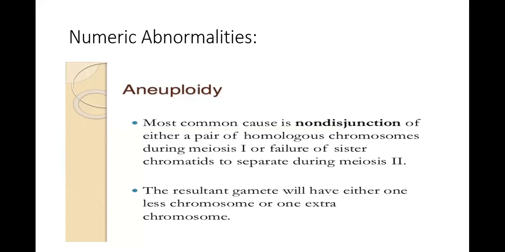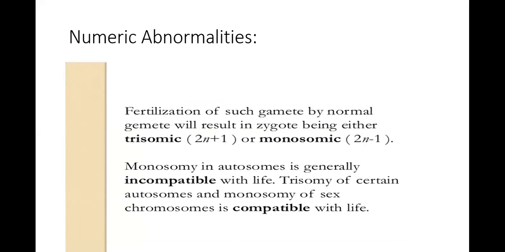The resultant gamete will have either one less chromosome or one extra chromosome. Fertilization of such a gamete by a normal gamete will result in a zygote being either trisomic or monosomic.